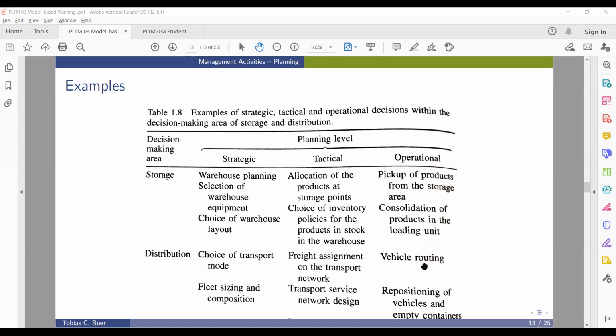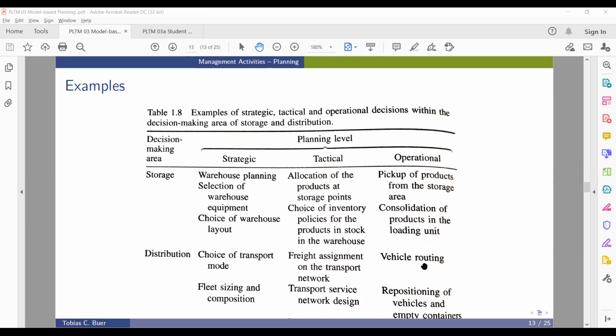For example, if you are Pepsi and you want to plan the delivery of your beverages, of your Pepsi, of your Mountain Dew, etc., to the grocery stores, then you have to decide which truck should visit which grocery store and in what sequence. This problem is very fundamental and very important in logistics because there are so many variants and you can apply it to so many different sectors and branches and industries.